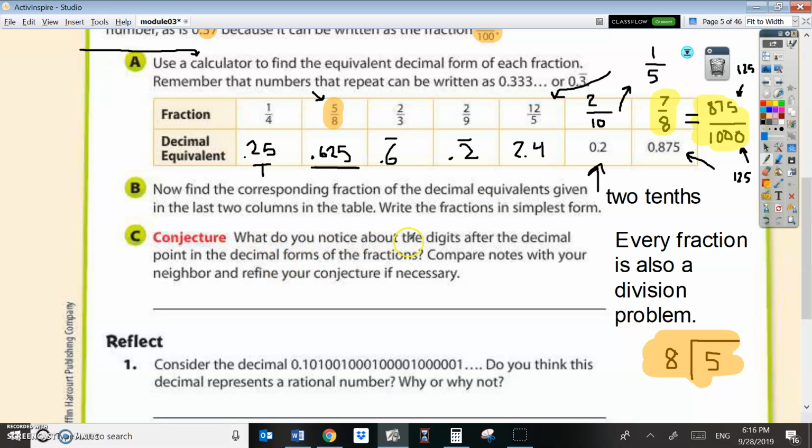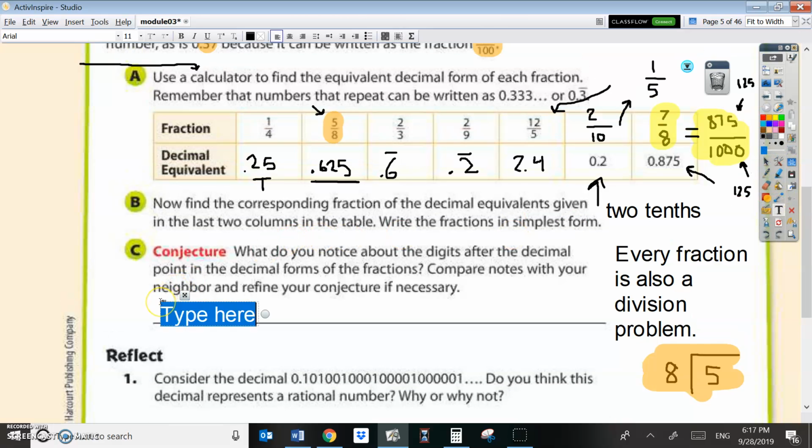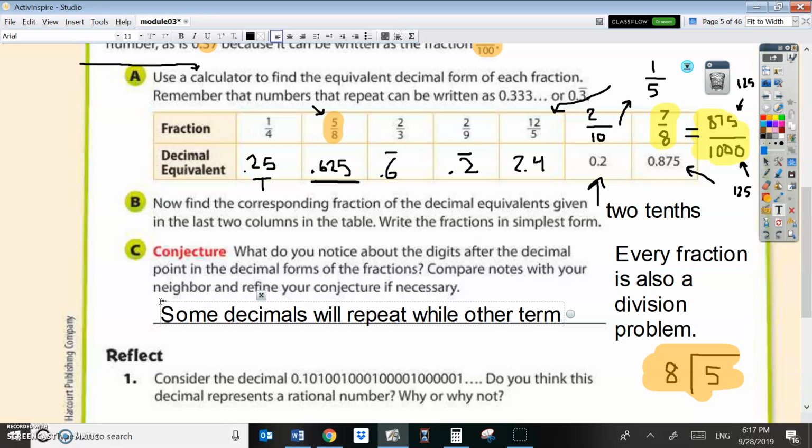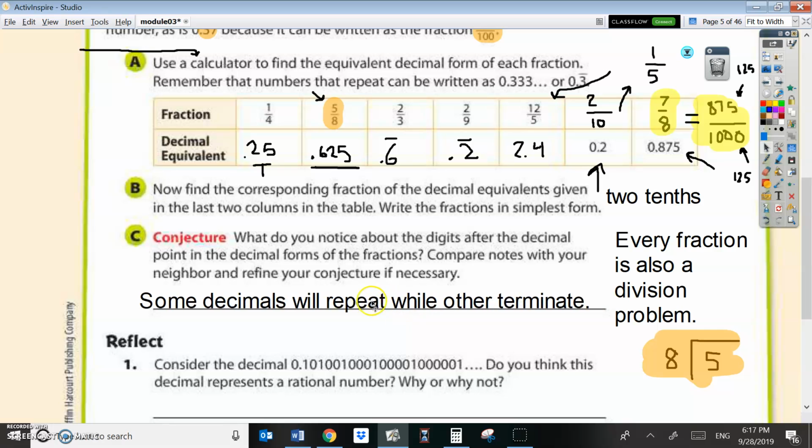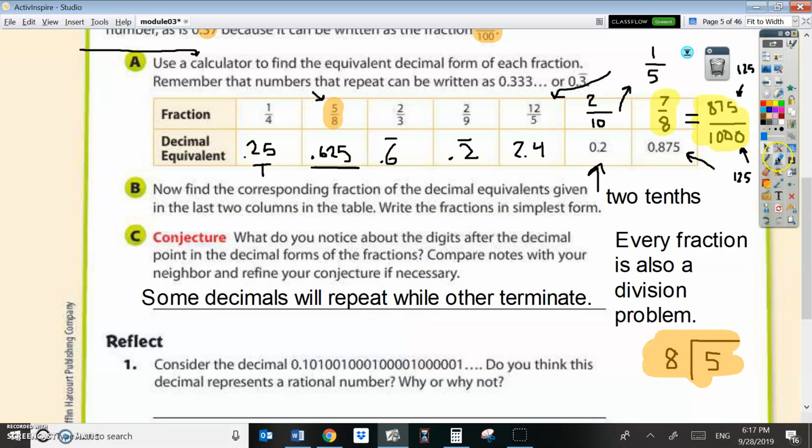Okay, so what do you notice about the digits after the decimal point in the decimal form of the fractions? Some of them will repeat and some of them will terminate. Which ones repeat and which ones terminate?